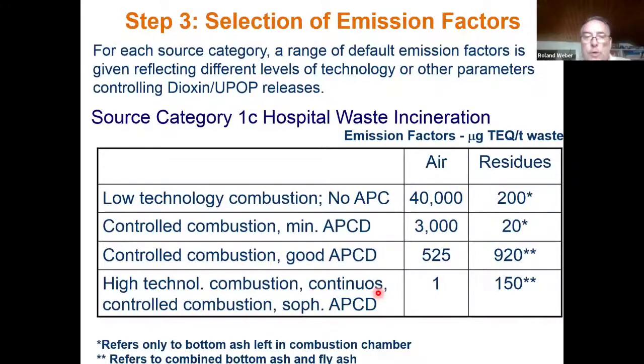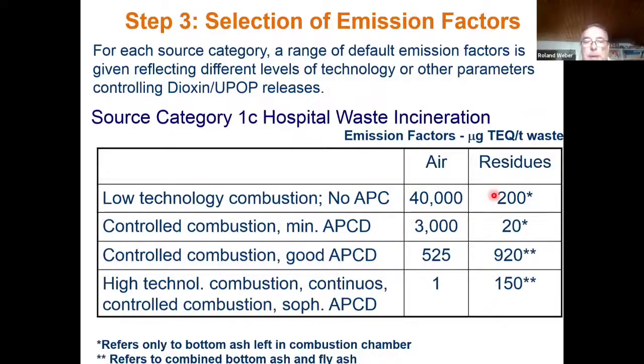Going a little bit into this detail, we stay with the hospital waste incineration because it's present in Oman. So the toolkit has individual source categories and individual technology levels, and the individual technology levels have different emission factors.